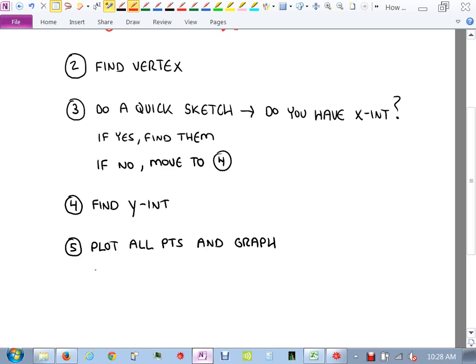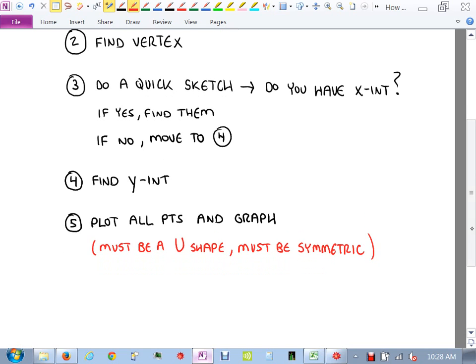Some things to remember about your graph. It must be a U shape, must be symmetric. Now, I'll talk about that in a minute. There's always, yes, good question.